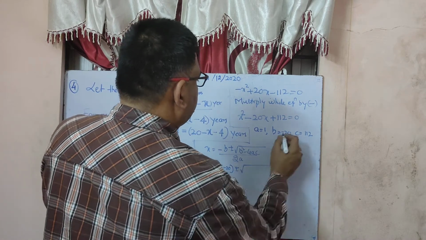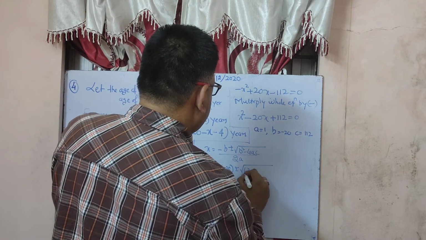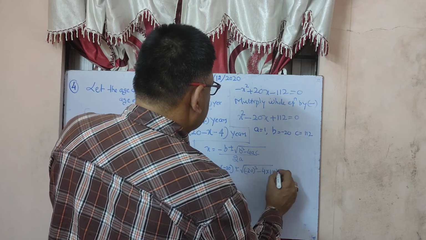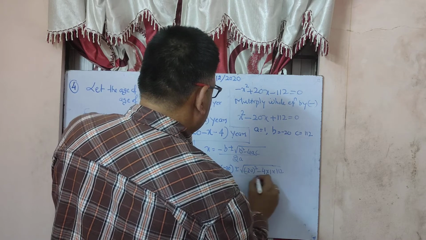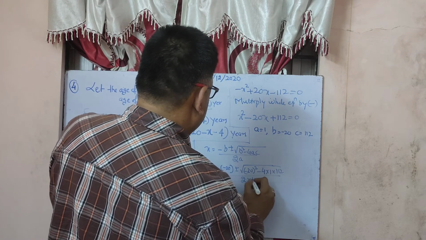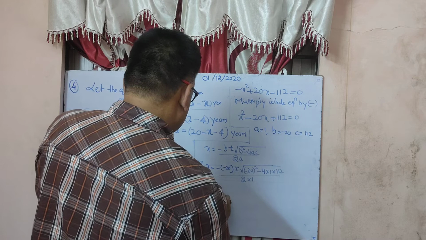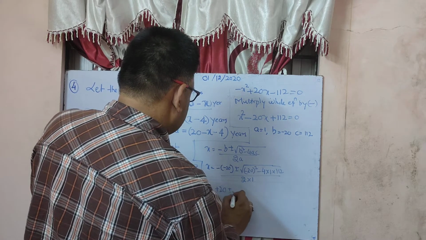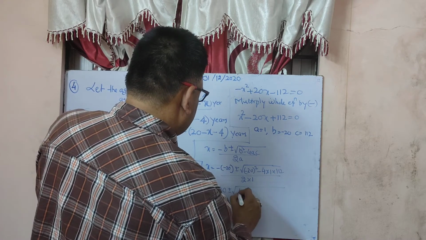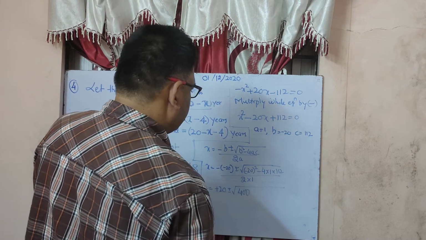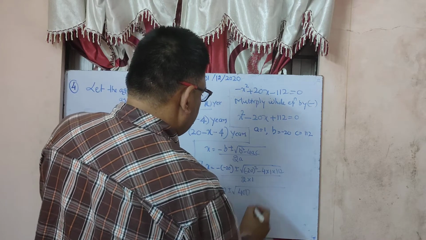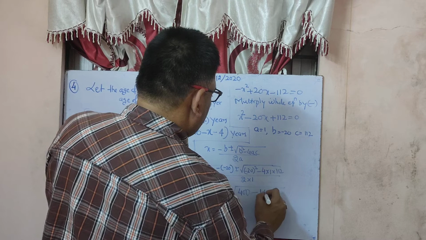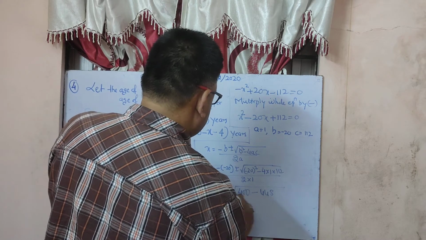Plus or minus as it is. b square means square of minus 20, whole square, minus 4 times a, which is 1, times c, which is 112. And 2a is 2 into 1. So x equals minus into minus becomes plus 20, plus or minus the square root of 20 square, that is 400, minus 112 into 4, which is 448, divided by 2.